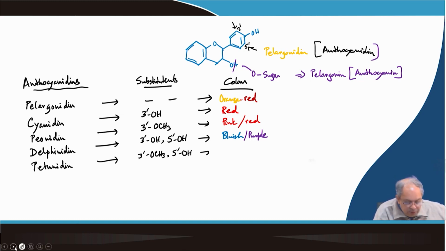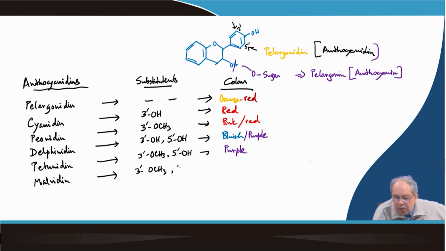The color will be purple, and then malvidin. Malvidin 3 prime OCH3, 5 prime also OCH3, and the color will be reddish purple.